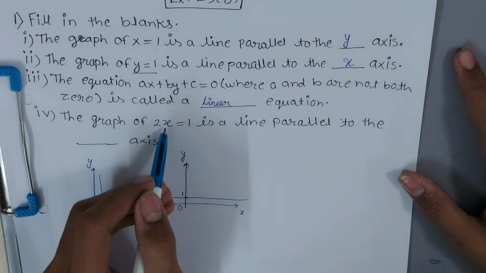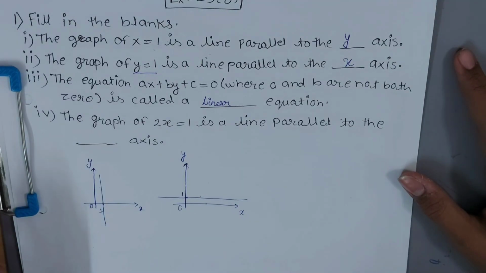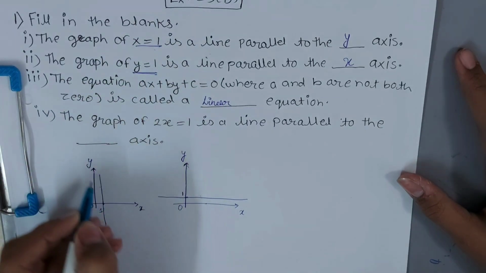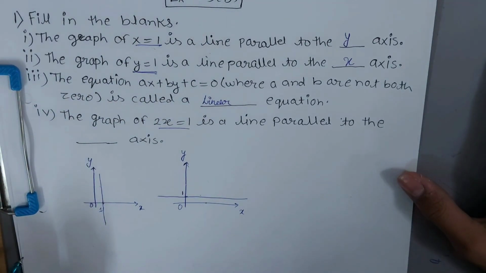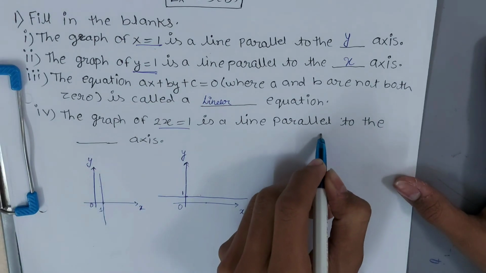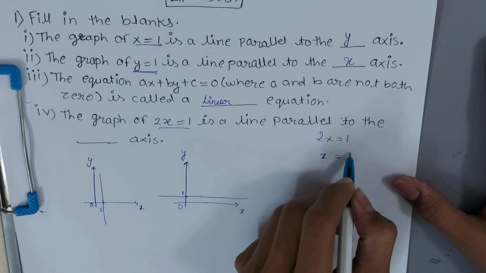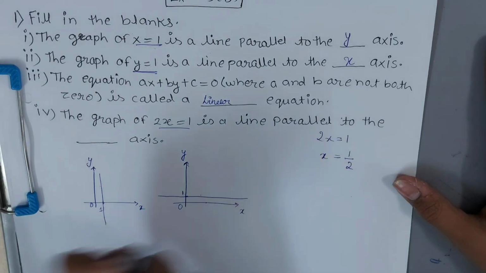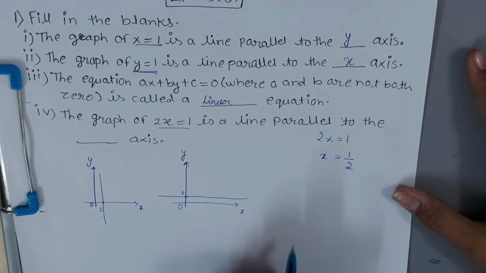Now the graph of 2x equals 1 is a line parallel to the dash axis. So we had x equals 1, we had y equals 1, now we have 2x equals 1. What will be the graph of 2x equals 1? If you have 2x equals 1, then that means x will be equal to 1 by 2, or you can say 0.5, on the x-axis.